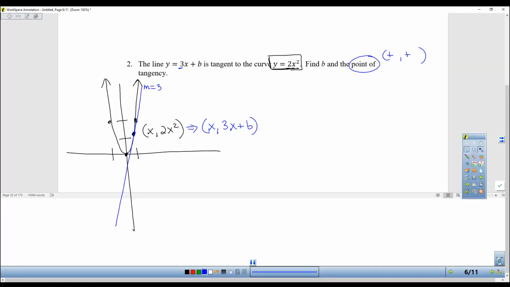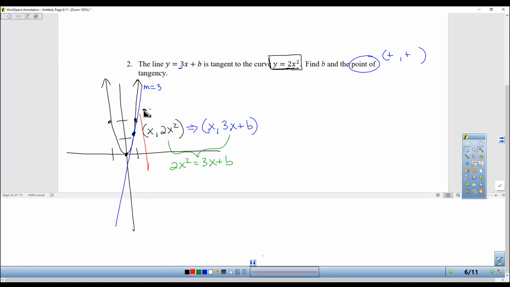It obeys both equations because whatever the x value is, it's on the parabola, so it's got a y value of 2x squared, but it's also on the line. So whatever x is, it has a y value of 3x plus b. This is good news because now I know that 2x squared is equal to 3x plus b.